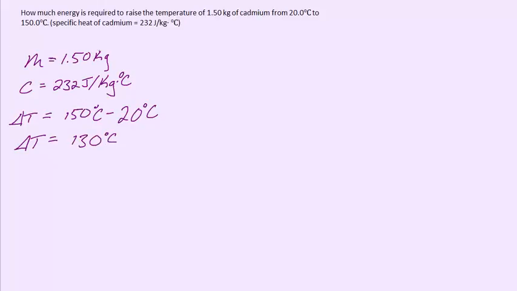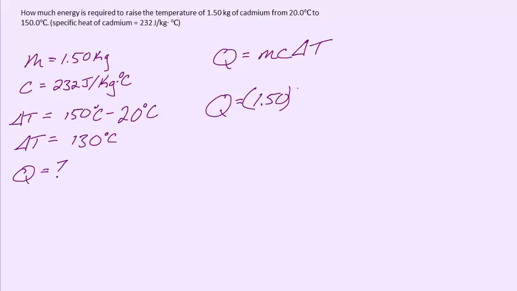And we're asked to find how much energy is required, so we're trying to solve for Q. The equation we can use to solve for Q is our mass multiplied by our specific heat multiplied by our change in temperature. Since we know 3 out of the 4 variables, we can solve for Q. The mass of our material was 1.5 kilograms multiplied by the specific heat of 232 multiplied by our change in temperature, which ended up being 130 degrees.